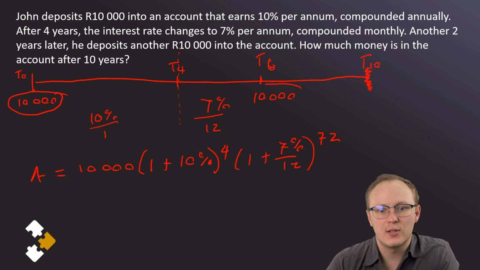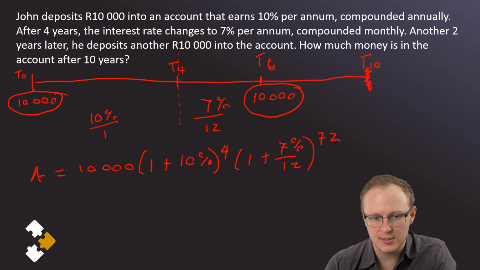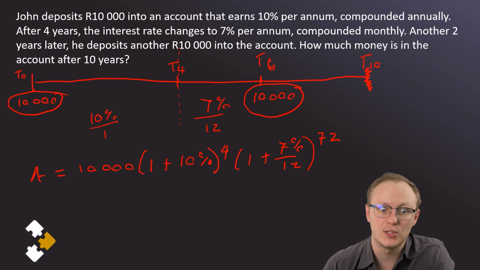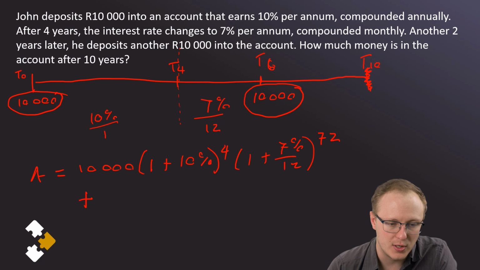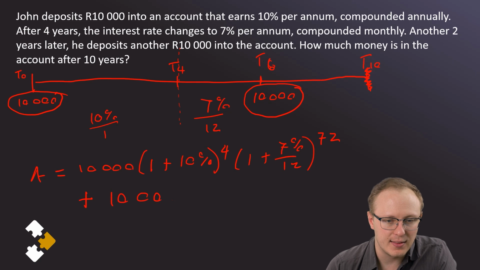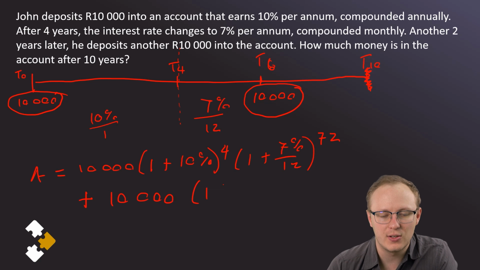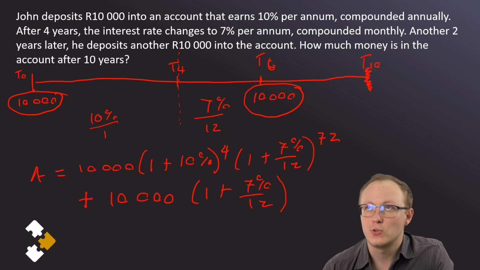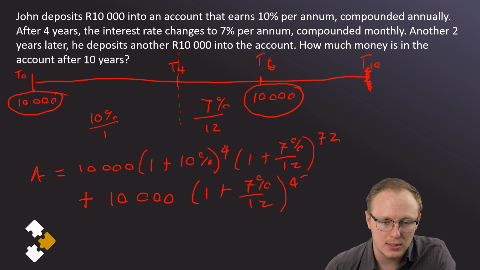But we still have to find what this is going to be and how much interest it's going to earn over that next 4 years, and we've got to add that together, right? So then we're going to add that 10,000 Rand, that second one, and that's now in the account for 4 years, also at the 7%, right? And that 4 years, 4 times 12 should be 48, right?